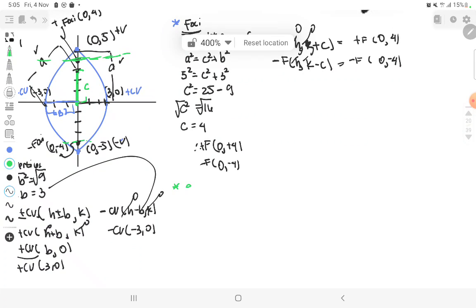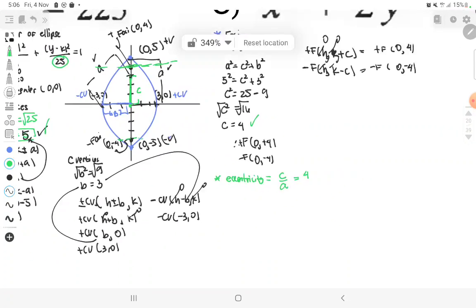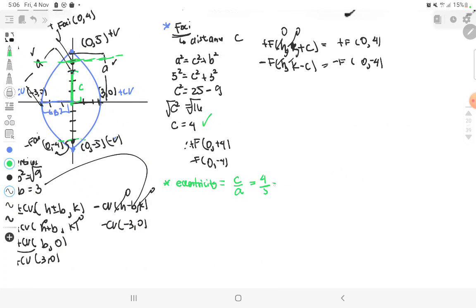So eccentricity is just equal to c over a, wherein we have our c, which is equal to 4, and our a, which is equal to 5. So therefore 4 over 5 is just equal to 0.8.